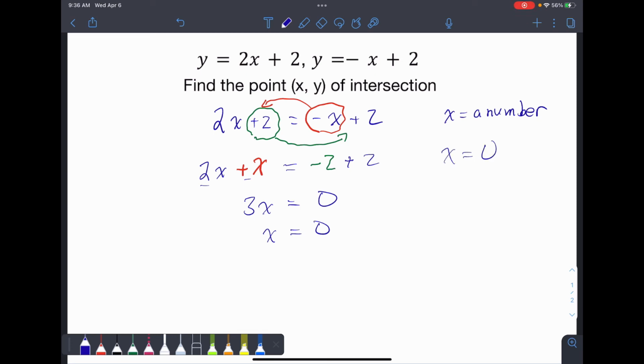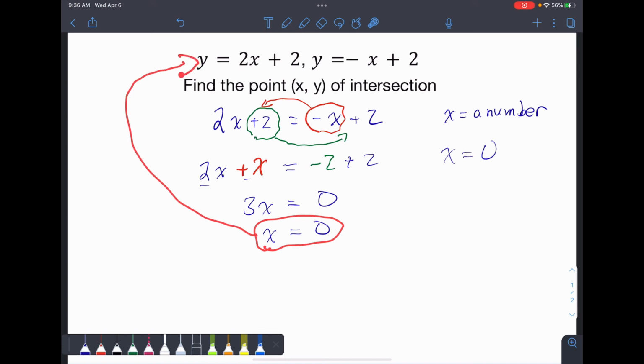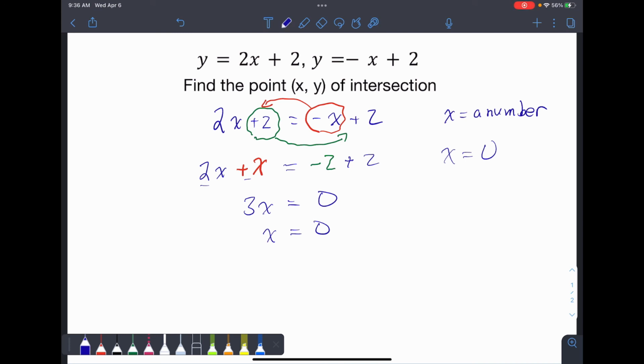So now we need to find the y. To find the y, we take our value of x and we substitute it into one of the previous equations. So I'm going to substitute x equals 0 into the first equation. So when x equals 0, y equals, well, I'm going to use the first equation, 2x plus 2.